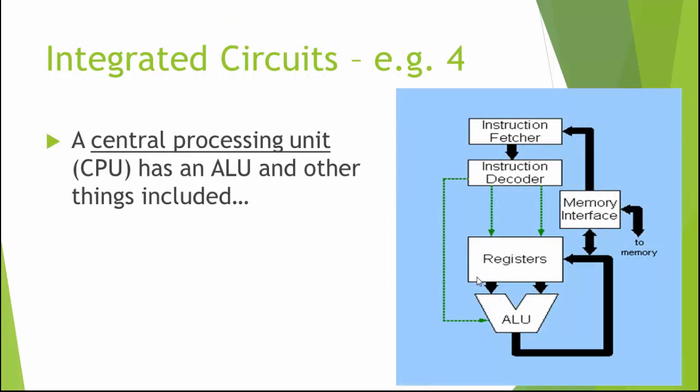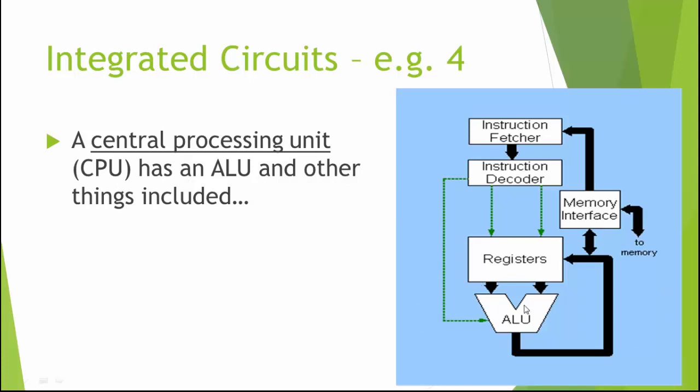Okay, if we want to go all the way up to a CPU, which is just another integrated circuit, albeit a very large and complicated one, we can't even pretend to look at the individual logic gates involved, and we can only take this flowchart view of how a CPU works.